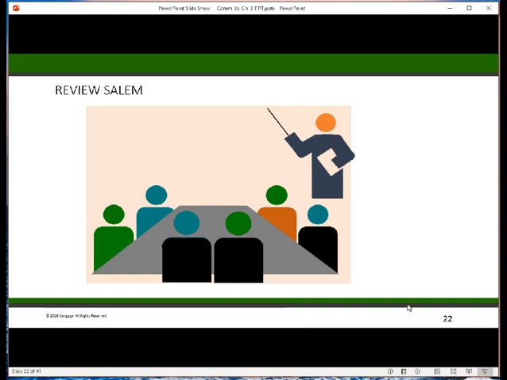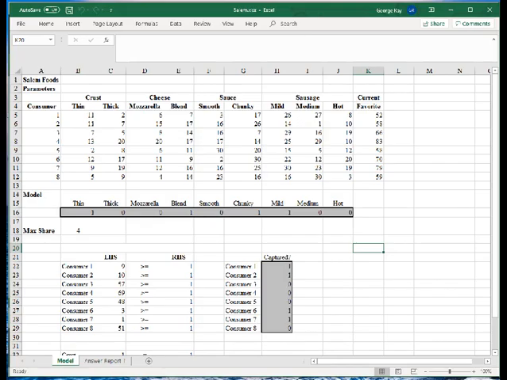So we're going to review Salem Food Company, and so we'll pull up their worksheet, and this is an example of what's known as conjoint analysis, and that's a market research technique that can be used to learn how prospective buyers of a product value the product's attributes.